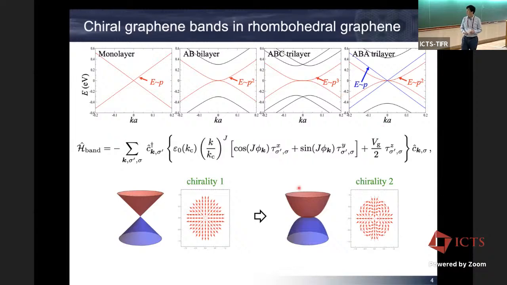And additionally, we have a winding of the pseudospin in the in-plane direction whenever we make a cut of the Fermi surface. So the pseudospin arrows wind once when we make a closed contour, and it would wind twice in a bilayer system where the chirality is 2. And the same would happen for j = 3, j = 4, and so on and so forth.